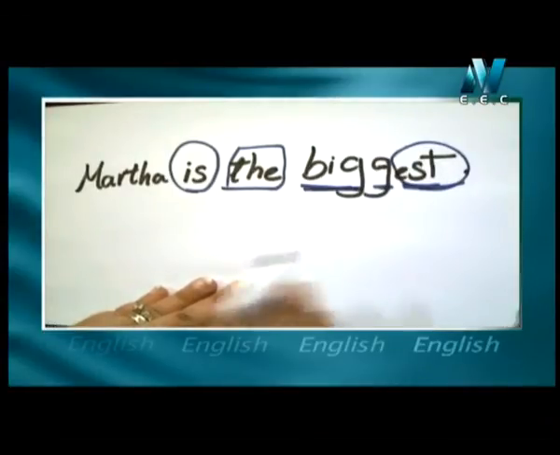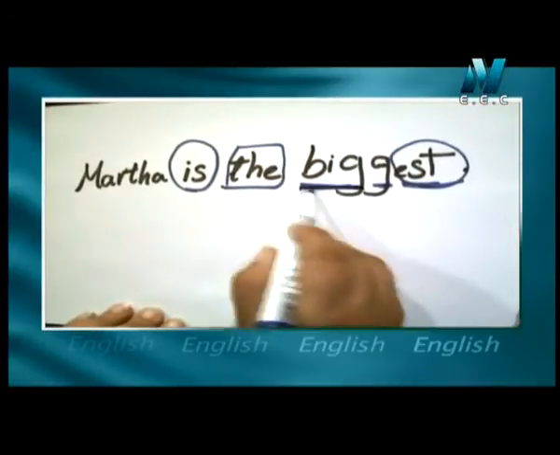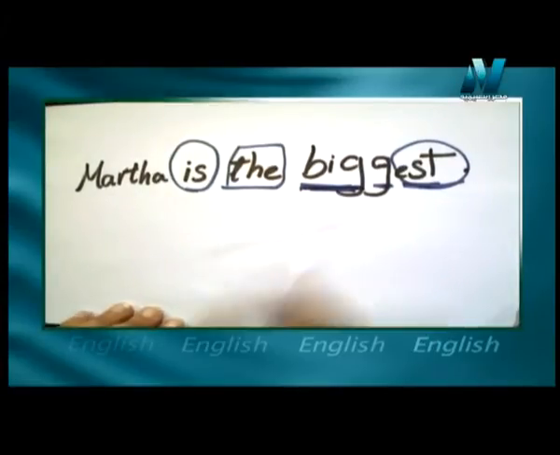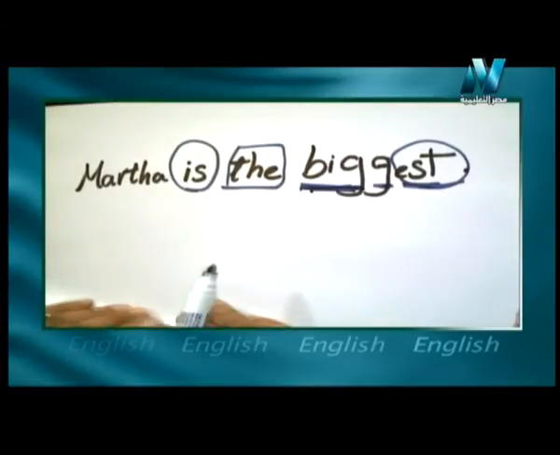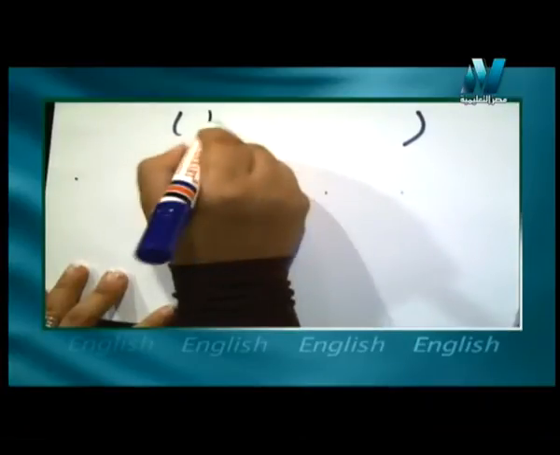Okay. So when this adjective is long, what's the form? This is for the short adjective. If it is long, I will make this form. For example, I have the word beautiful.